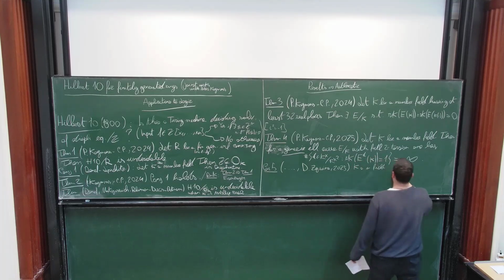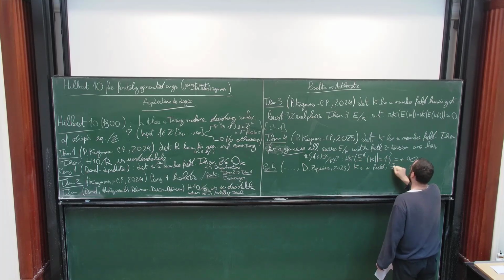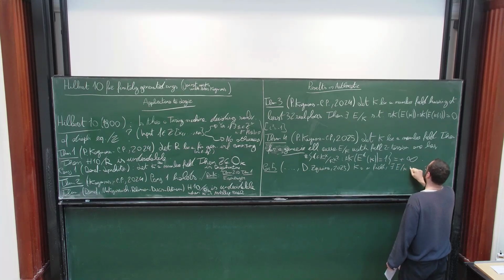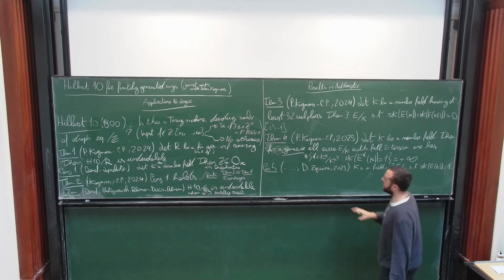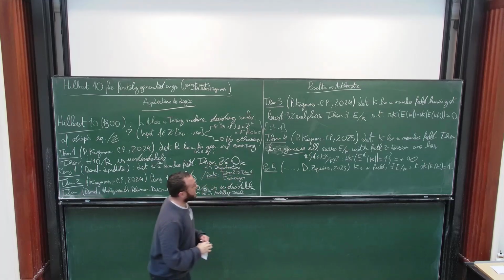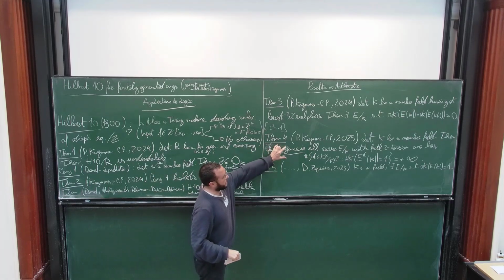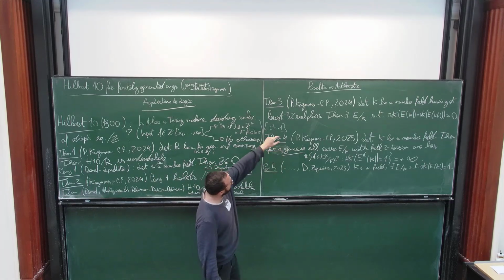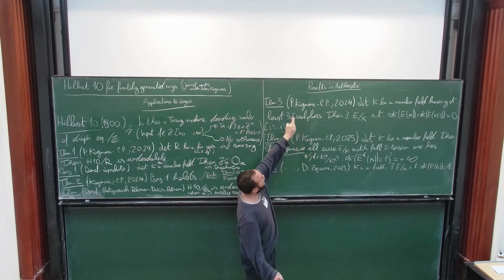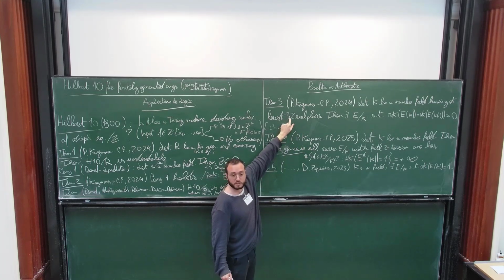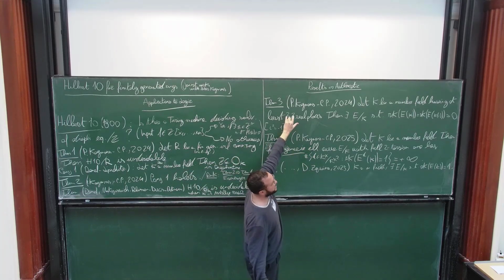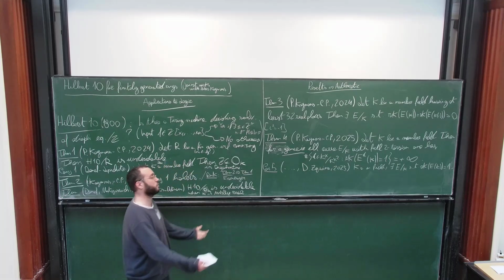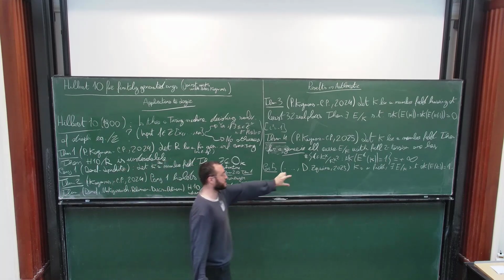So generic is an empty condition: there exists E over K such that the rank of E over K equals 1. And here I can say a bit more. In this work, we didn't say it explicitly, but we overcame the technical difficulty of the real places, and you can use this method to reprove this without the real places, but that was done anyway with a slightly different method.